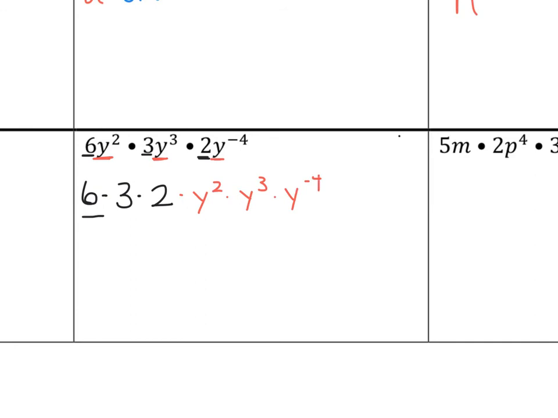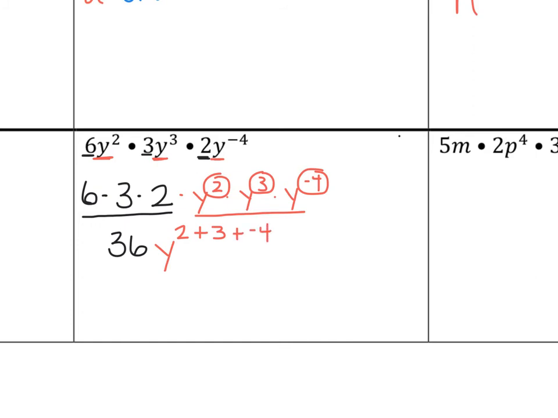I'm going to multiply 6 times 3 times 2, and that's 36. And in this section, I have the same base, so I'm going to keep my base, and I'm going to add my exponents. So I have 2 plus 3 plus negative 4.